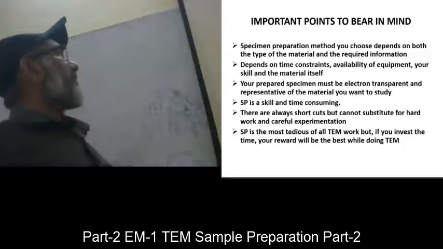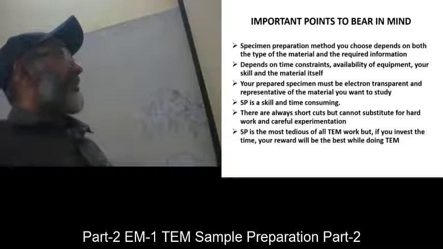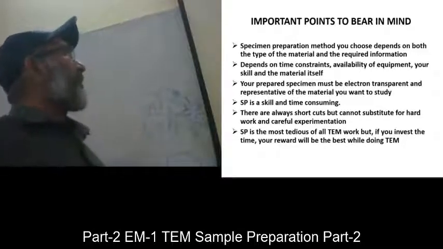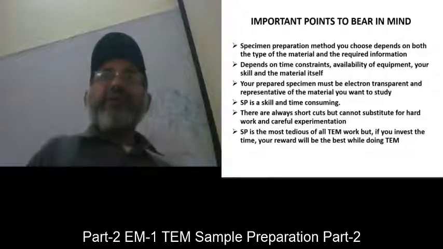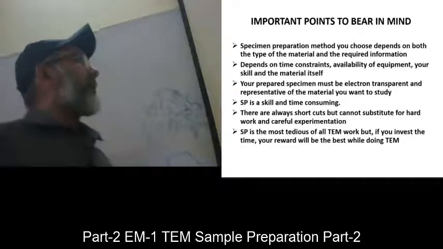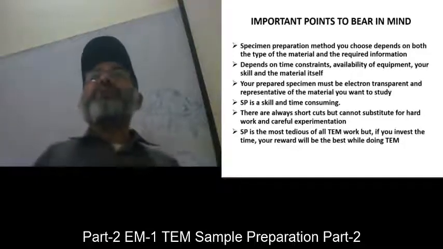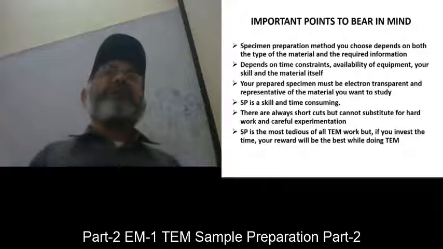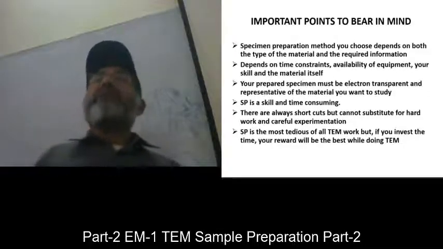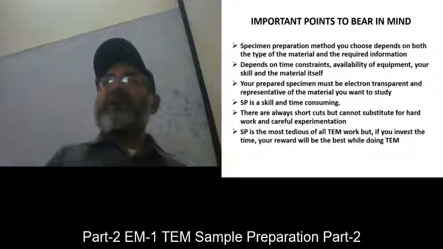So sample preparation is so important. It depends on time constraints, availability of equipment, your skill, and the material itself, right? How skilled you are and what is available to you. When you go to the electron microscopy labs and come for sample preparation, there may be one ion beam thinner and 200 students in the department, right?